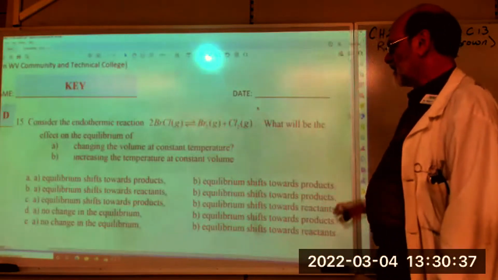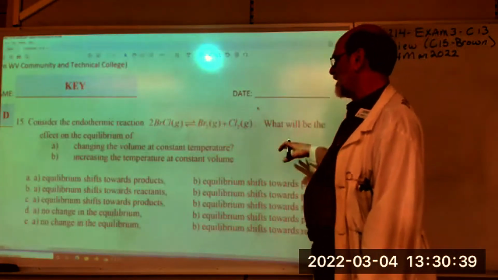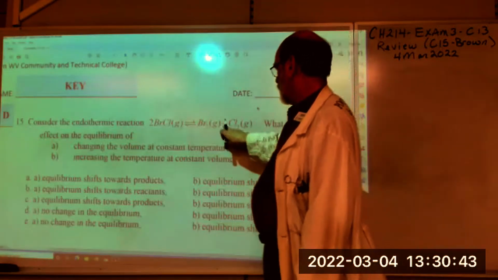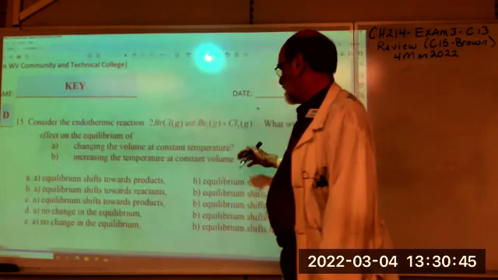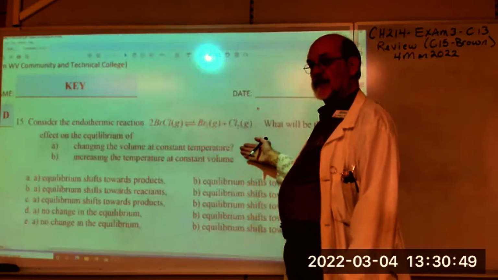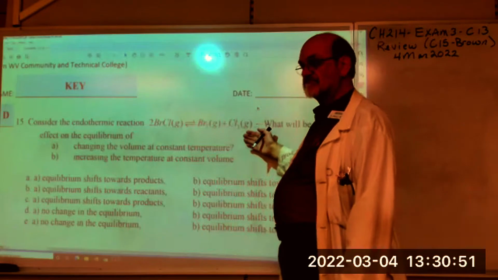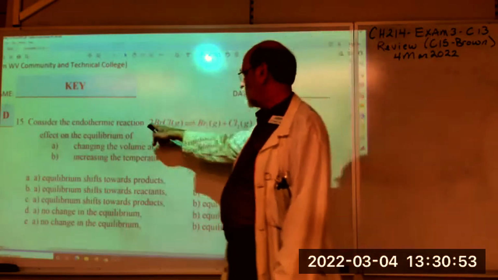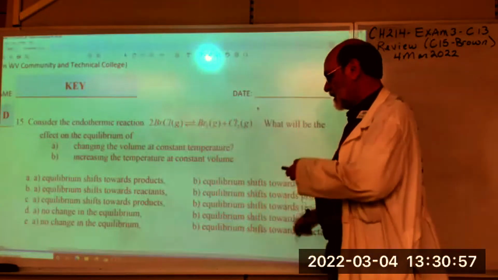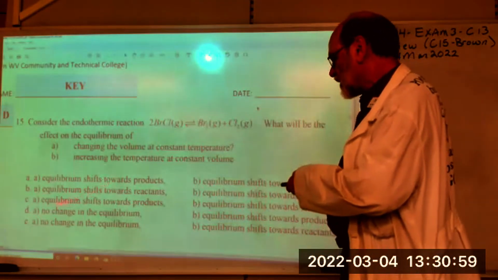What will be the effect on the equilibrium of changing the volume at constant temperature? Let's see, you've got 1, 1, and 2. If you change the volume, that changes the pressure. Does it have any influence on the reaction? No. 2 moles, 1 plus 1 is 2. No effect at all. So no change in equilibrium.